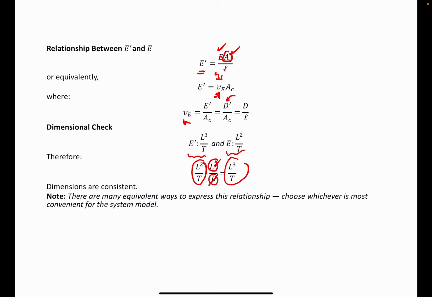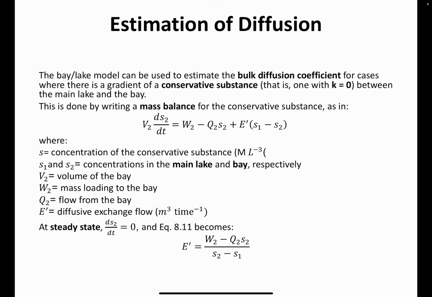Okay, so now we'll give you an example. But before we start the example, let's estimate diffusion. We have a bay and lake, and now we will have an example in class where we do the diffusion between the ocean and the bay, Kuwait Bay. We'll mention that in class, which is similarly the same thing.